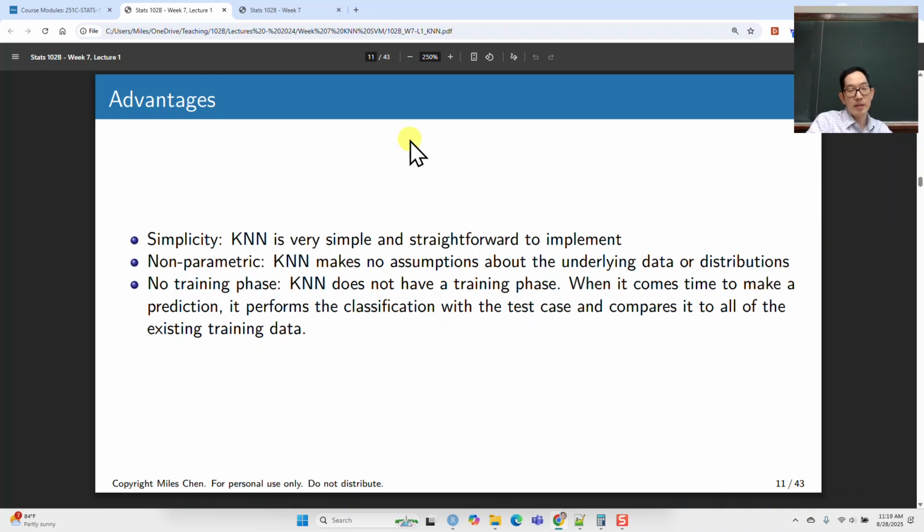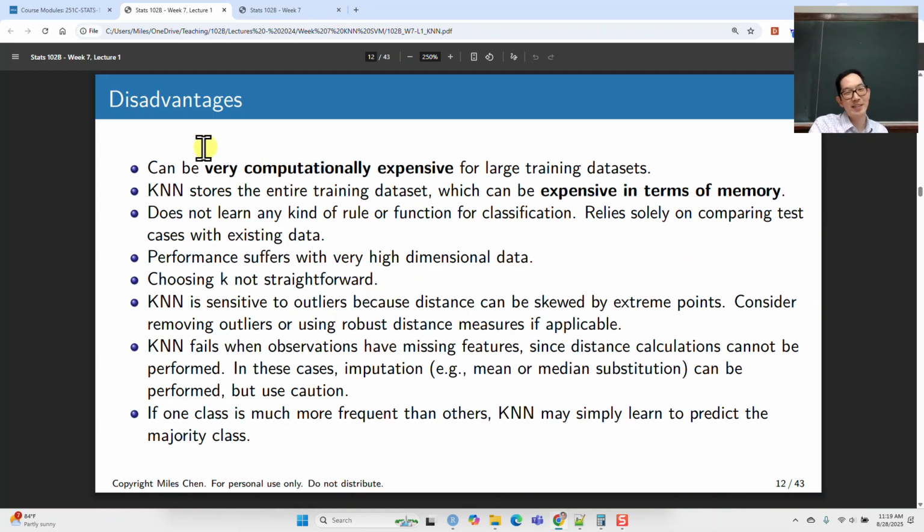All right, these are the advantages of KNN. It's very simple. You don't have to worry about any underlying data or distributions, and there's no training phase. It's just, here's all the data, so that's it. But the disadvantage is, again, very computationally expensive for large training data sets.